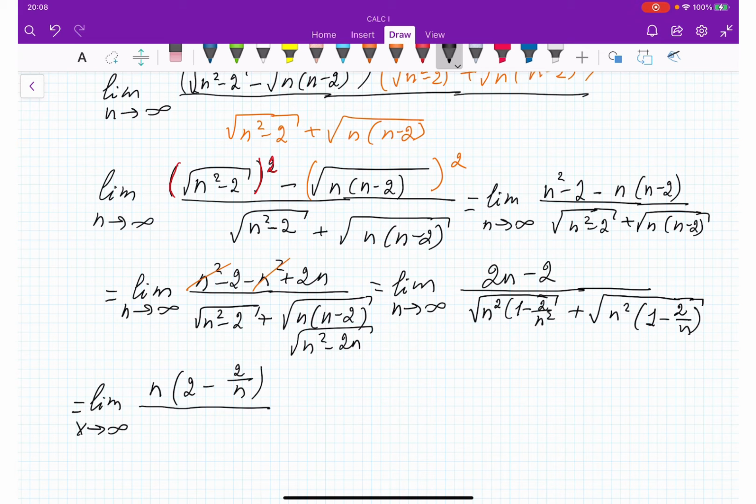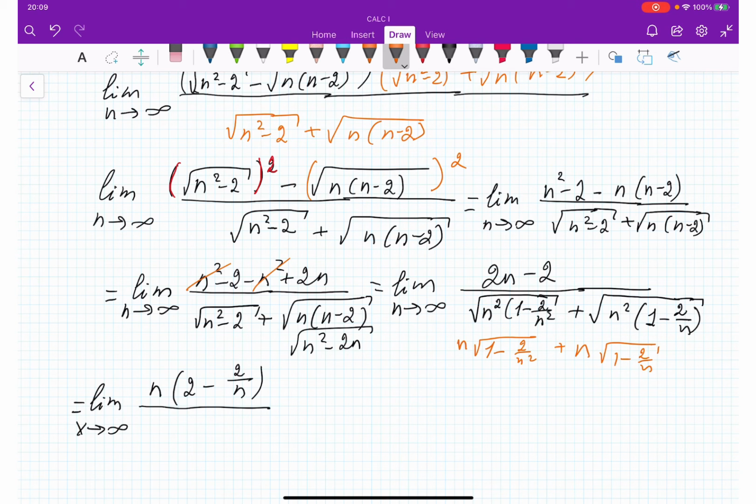And here, if I take n squared out, the square root gives n, right? n will be here, with the square root of 1 minus 2 over n squared, and plus n will come out here also, and we will get 1 minus 2 over n.